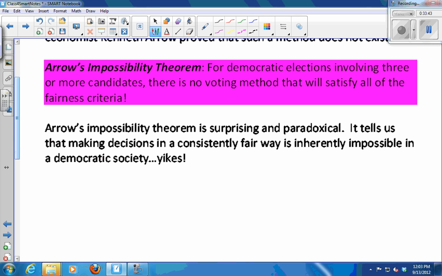So this is sort of a surprising and paradoxical result. It tells us that making decisions in a consistently fair way is inherently impossible in a democratic society. Isn't that weird? Not the conclusion I expected to see.